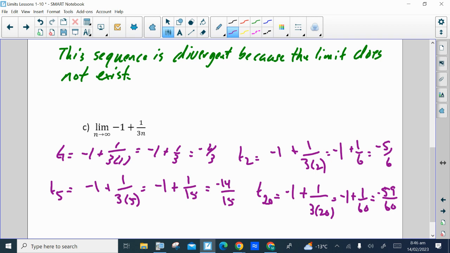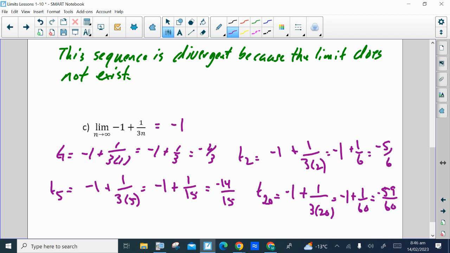So I think we can see from this pattern that the values of the term are approaching negative 1. We're getting closer and closer to negative 1. The difference between successive terms is not the same. That gap is always going to get smaller and smaller.